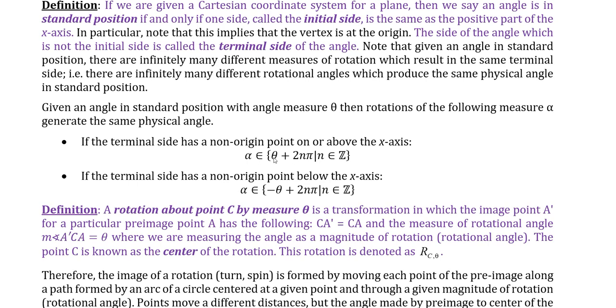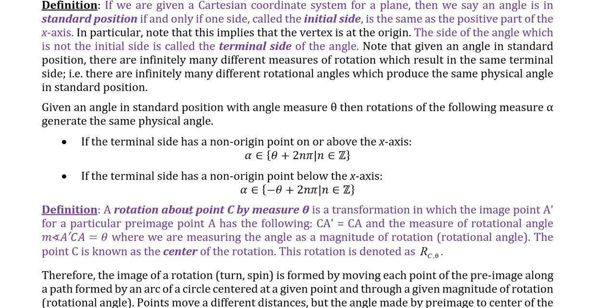So what it says is, if you think about theta as being the angle measure the way we do it, between 0 and pi, if the terminal side is above the x-axis, then you're measuring that angle as theta. If you add any integer multiple of 2 pi, you will end up at the same place, and all of those measures will generate the same physical angle.